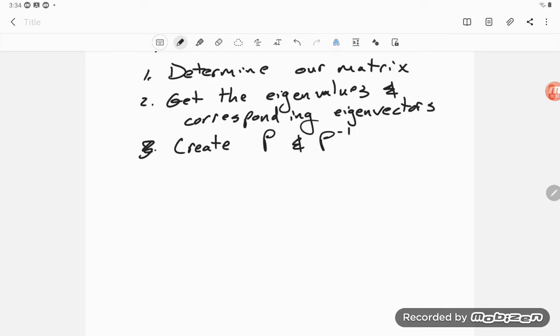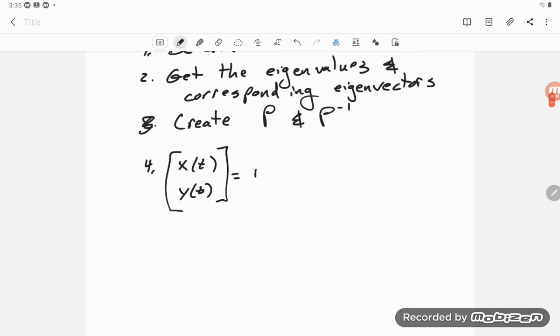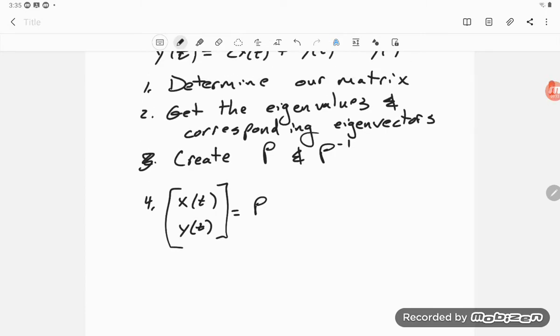And then what we know is our solution x of t, y of t, I'm going to set it as a vector like that, is equal to P times x1 of t, y1 of t.